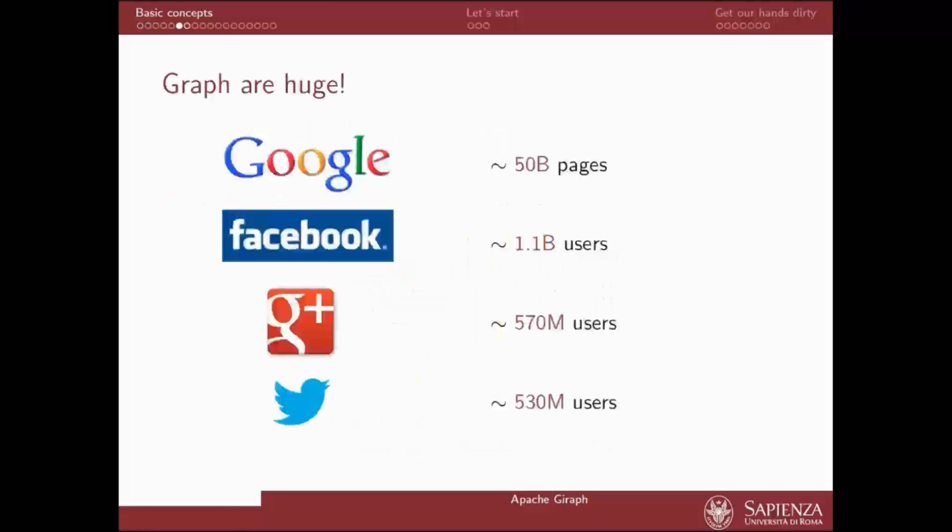Okay, now what are the main problems for which we need something specific to deal with graph processing? Well, first of all is the dimension. As we can see here, the main studied graphs have a very high dimension. First of all, Google, but also Facebook, Google Plus, and Twitter are huge.